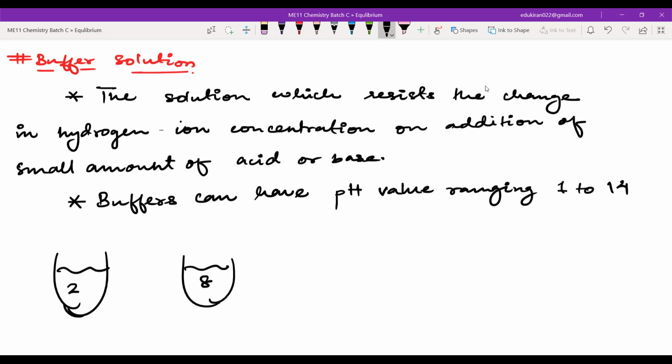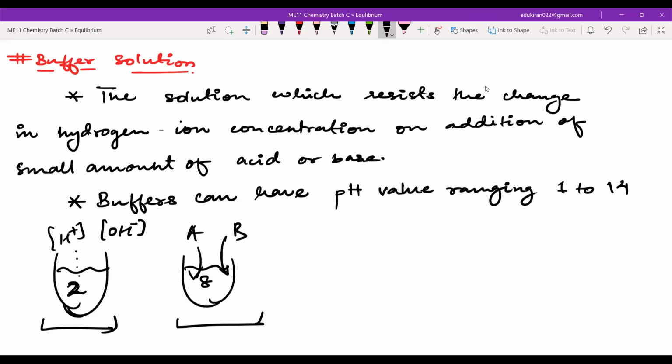That means if I add a few drops of acid, that means H plus, then it is not going to change the pH of this solution. So we will have to prepare something which, on addition of H plus or OH negative, does not change the concentration of OH and H plus, and the pH is maintained at 2 even after the addition of some acid or base. Similarly, in the other case the pH should be maintained at 8.